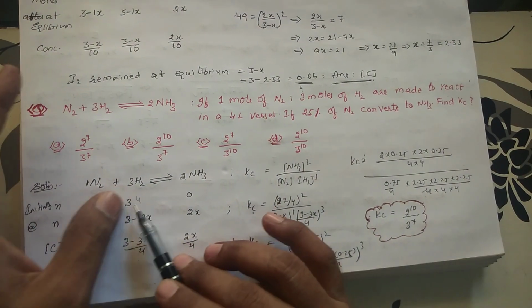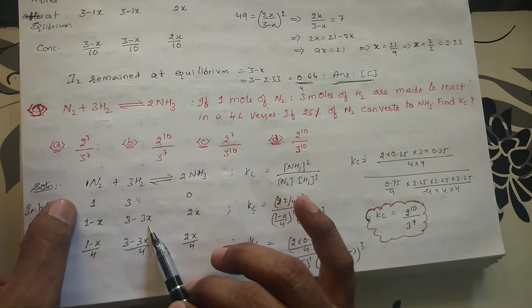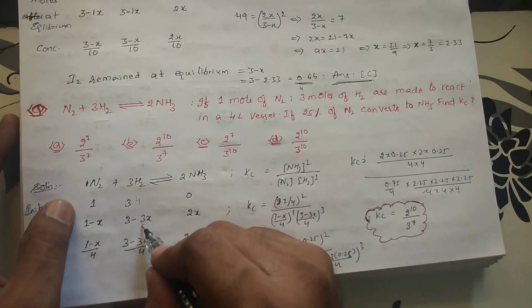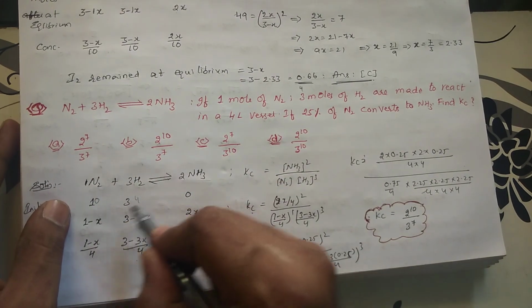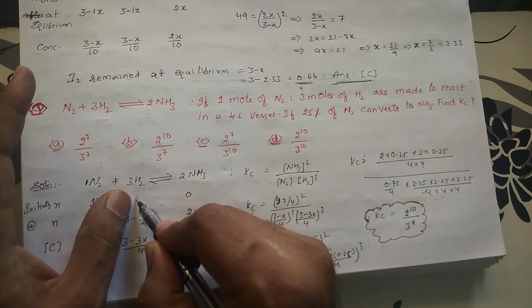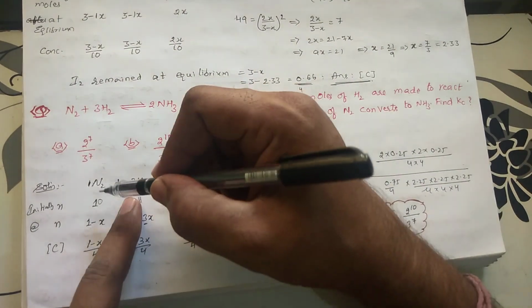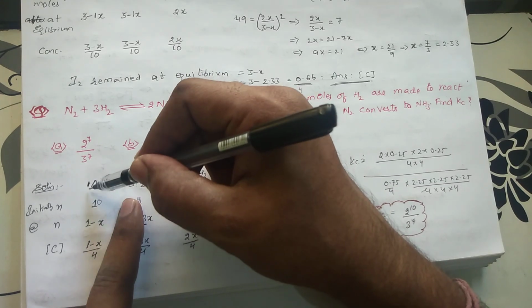Okay. This one is not dependent on this one. Don't think that because you have taken 3 moles here, that's why you are taking 3x. No. This 3 you are getting as it is a stoichiometric coefficient. Let us assume that this is 10 moles and this is 8 moles. What happens now? Here you will be getting 10 minus x, because 1 mole is going.